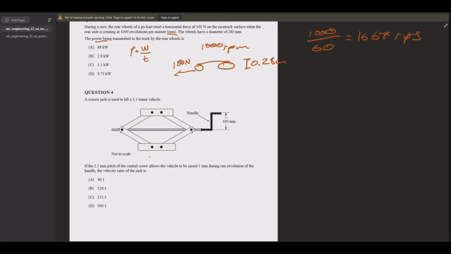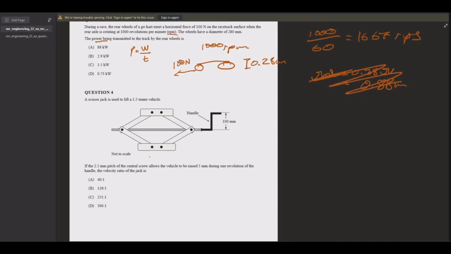So in 1 second it's going to do 16.67 revolutions, and so we need to find the circumference of the wheel, and the circumference of the wheel is just pi times diameter, so 0.28 pi, which is 0.88 meters.